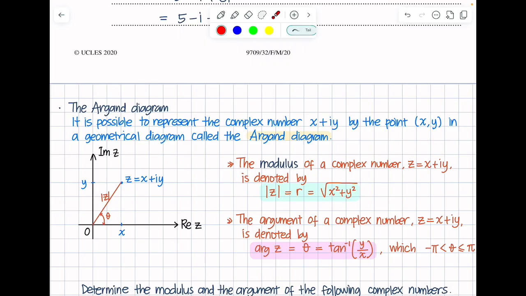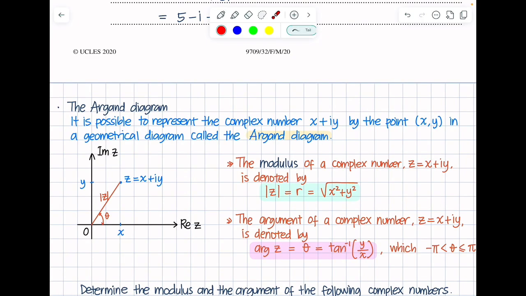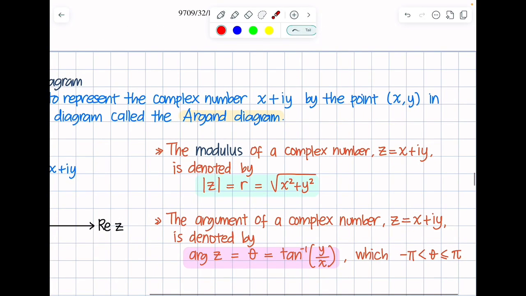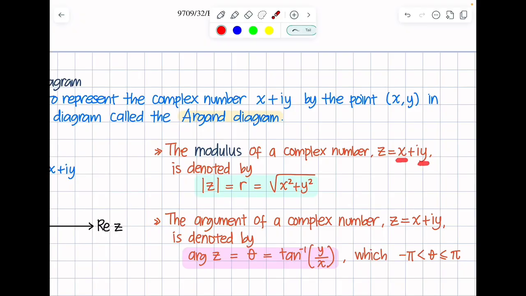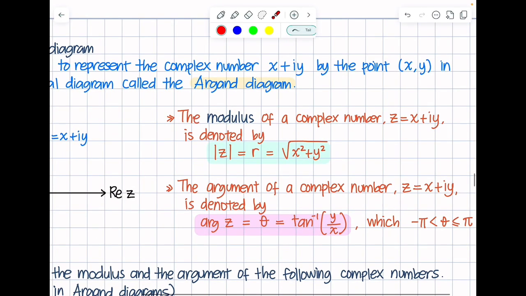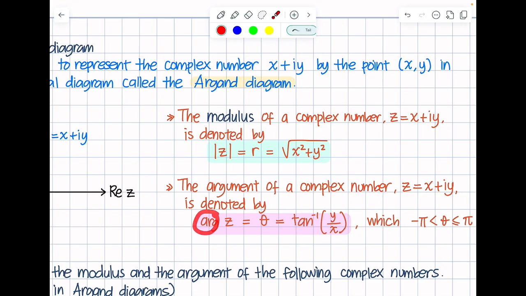Now, how to find this value? You just use Pythagoras' theorem. So r equals the square root of x squared plus y squared. Remember, only the real and imaginary parts without the i. And the argument of a complex number is denoted by arg z, or theta.